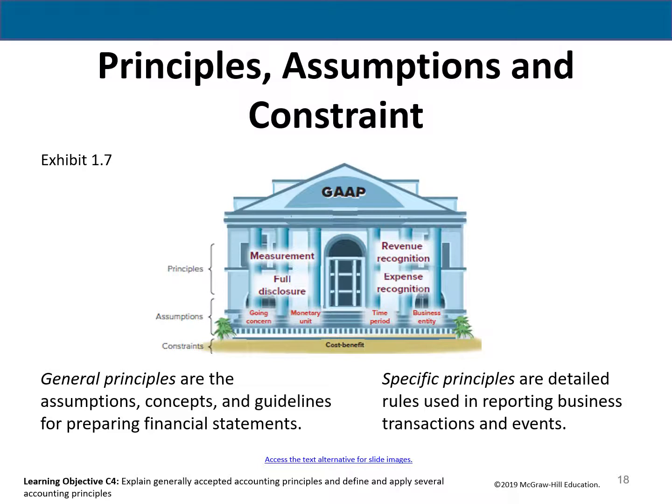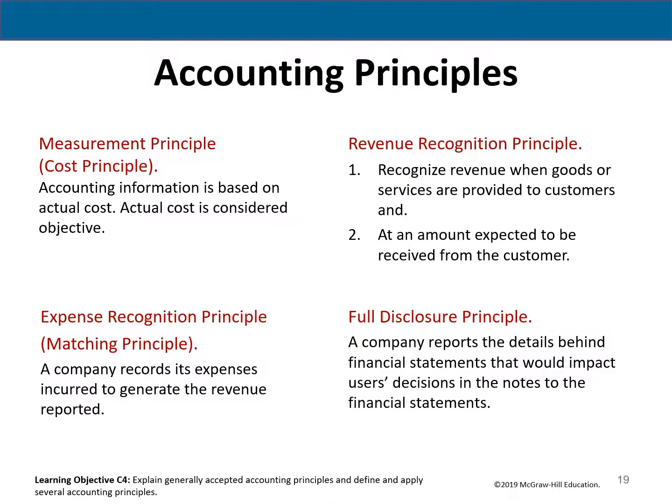Now, I don't want you to think that we are going to be learning just a bunch of rules and numbering systems. No, we need to introduce you to these rules so you understand why we do accounting the way we do it. It's part of a system that was well thought out. So let's go back. We have the measurement principle, or what we call the cost principle.